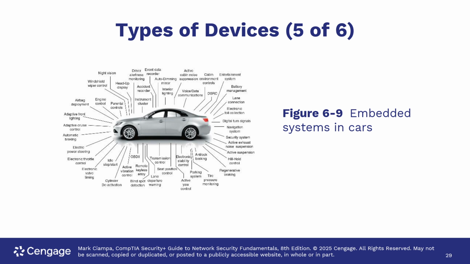On the right side, you have your battery, lane connection, electronic toll indicator. Digital turn signals. You have your active suspension, things like that.